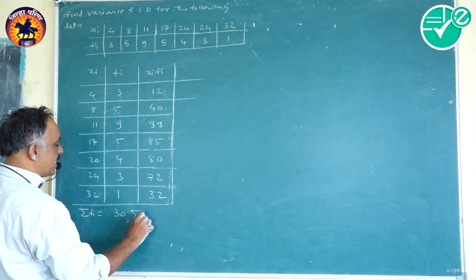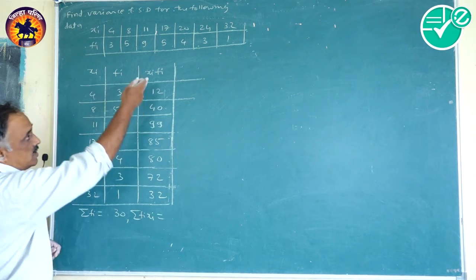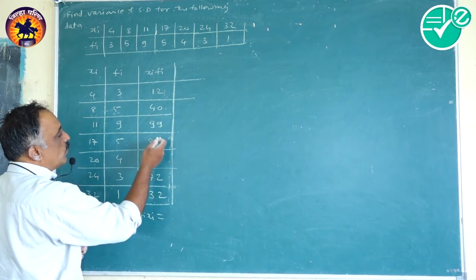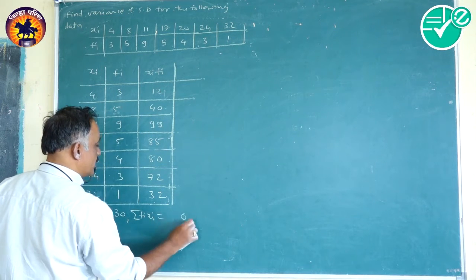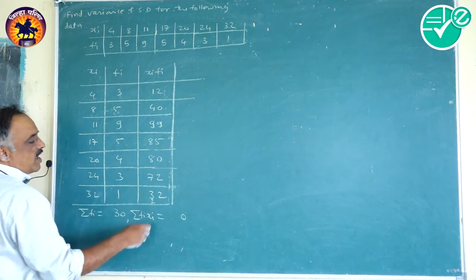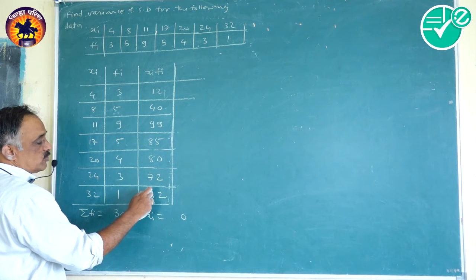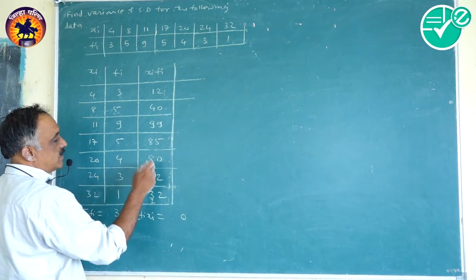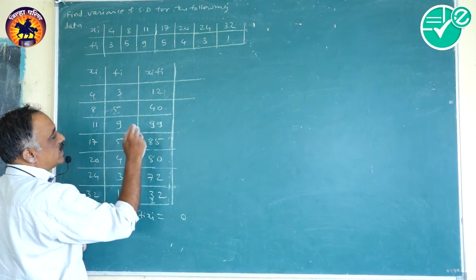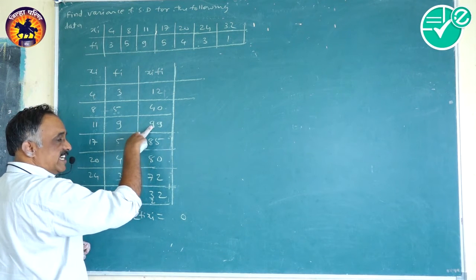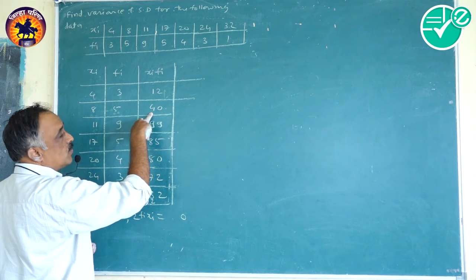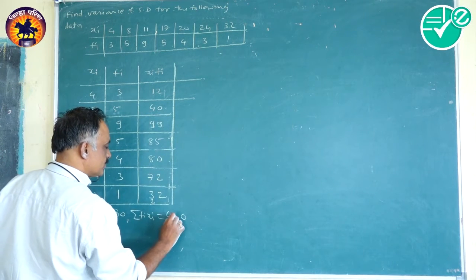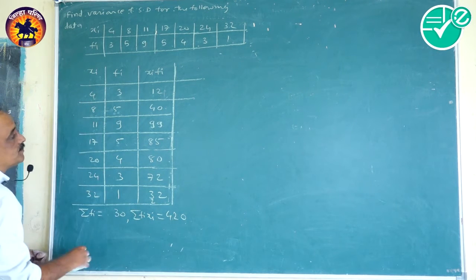And sigma fi xi is equal to, if we add all of these, 2 plus 2, 4, 4 plus 5, 9, 9 plus 9, 18, 18 plus 2, that will be 20, carries through. 5, 3 plus 2, that is equal to 5, 5 plus 7, 12, 12 plus 8, 20, 20 plus 8, 28, 28 plus 9, 37, 37 plus 4, 41, plus 1, that is equal to 420.